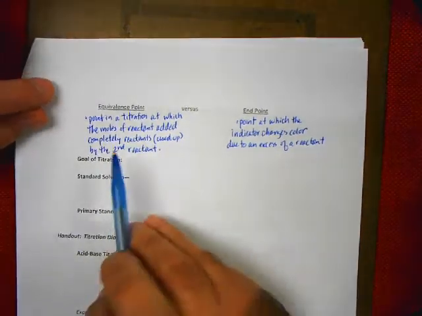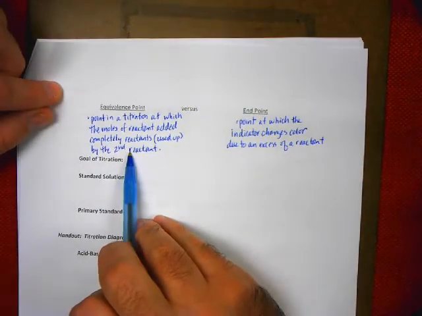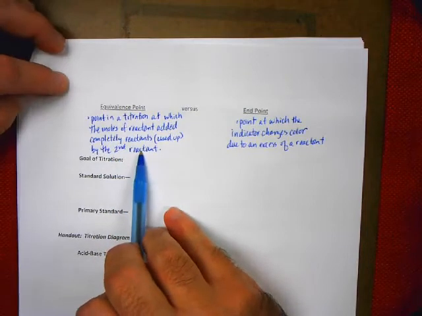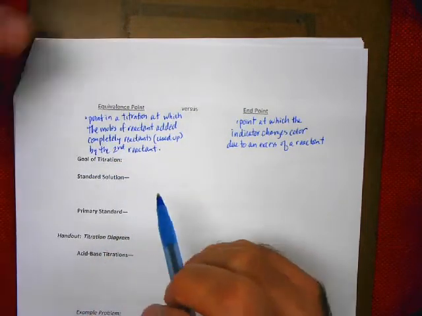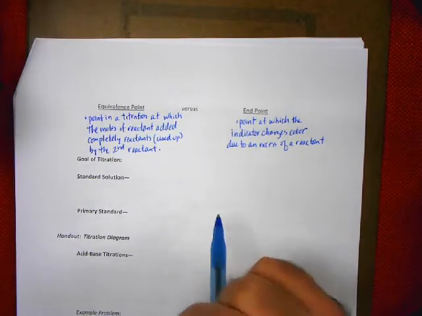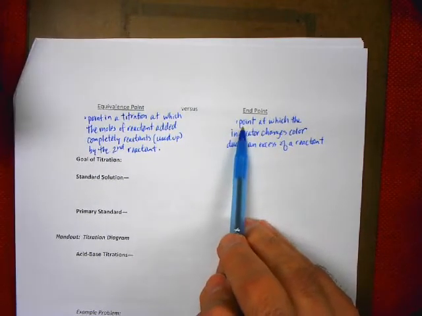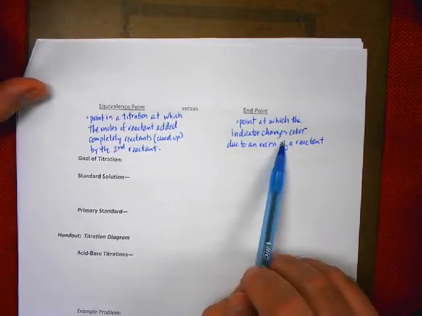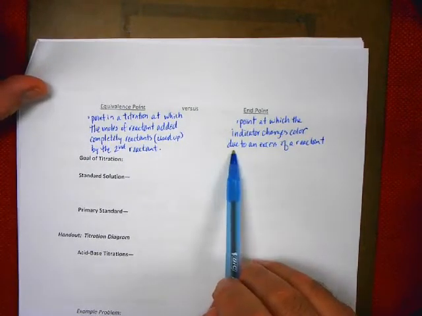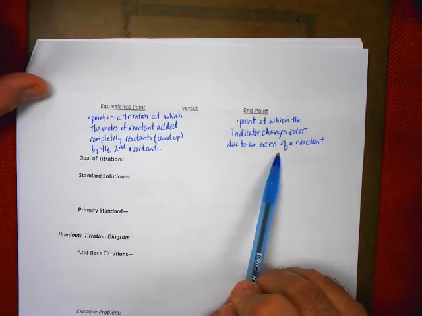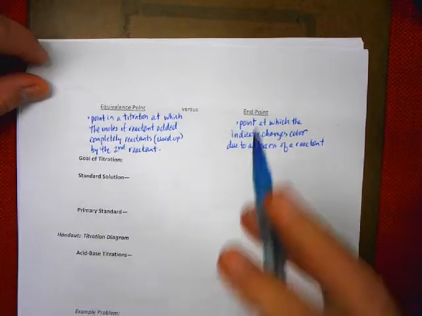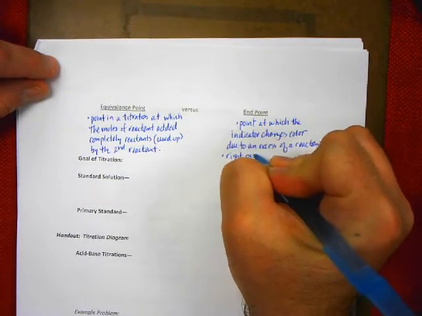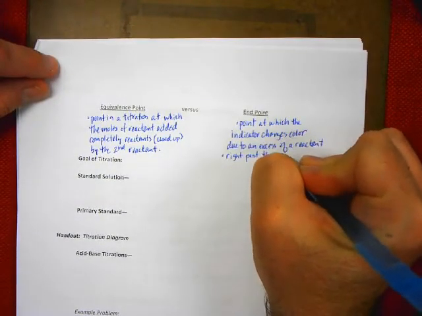So there's going to be a point in the titration in which we do not have any of one of the reactants left over because it has been reacted and made into products. One drop of substance past this point, the indicator is going to change color because we have one reactant in excess. And this is right past the equivalence point.